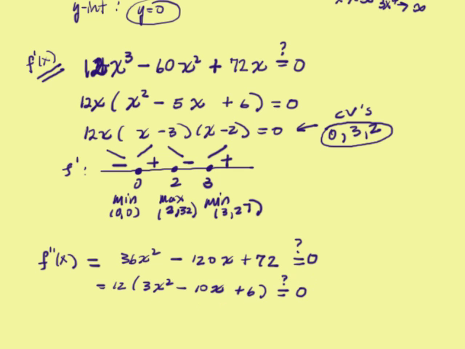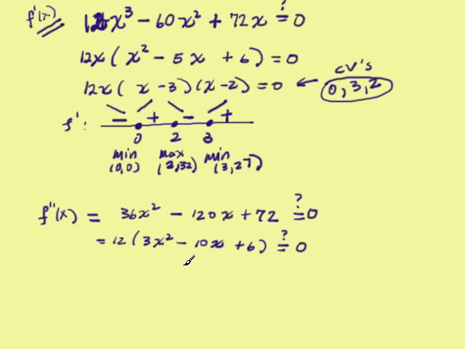Here we can get the zeros using the quadratic formula, and we have x equals 10 plus or minus the square root of 28 over 6. If we simplify this radical, write this as 4 times 7, this is 2 root 7. So divide top and bottom by 2, and we have 5 plus or minus square root 7 over 3.